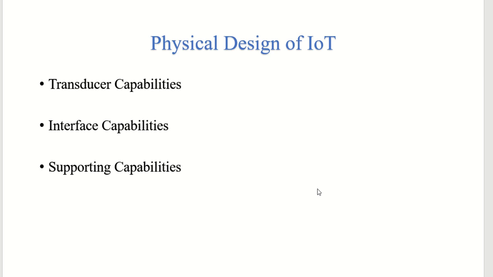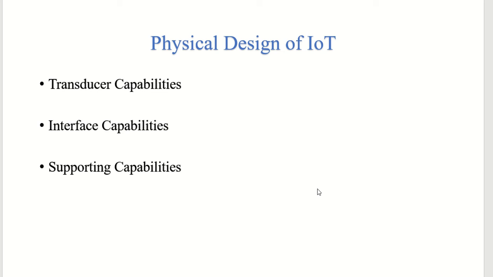And after that we have the third one, which is supporting capabilities. These supporting capabilities are non-uniform. It's not compulsory for your device to have them, but it depends on your application. These capabilities provide the functionality that supports the other IoT device related capabilities. The classic example of this is device management.